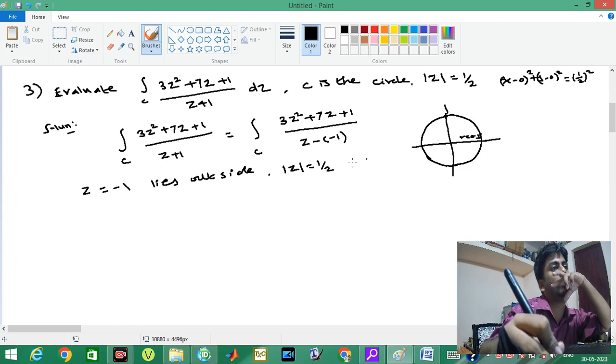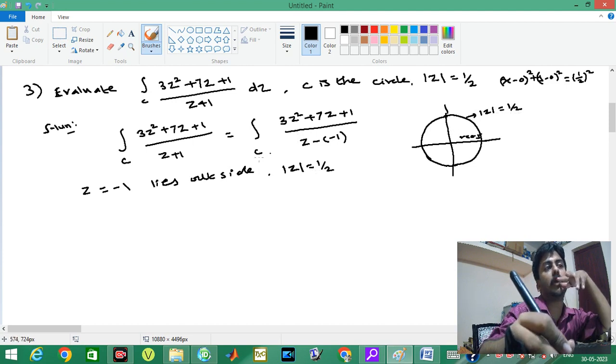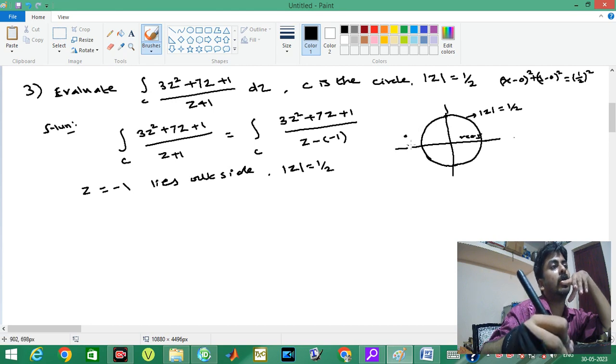Okay, so this equation is nothing but modulus of z equal to 1 by 2, but they have given z equal to minus 1. Modulus of z equal 1 by 2 means plus z or minus z equal 1 by 2. So z equal plus 1 by 2, z equal minus 1 by 2, but z equal to minus 1 means it is more than the value of minus 1 by 2.